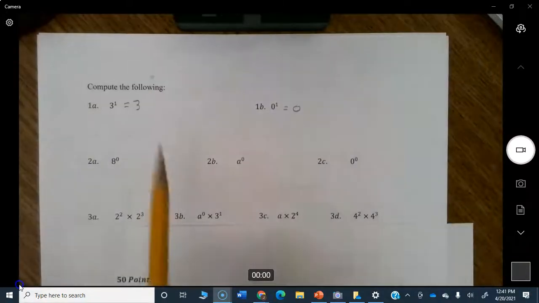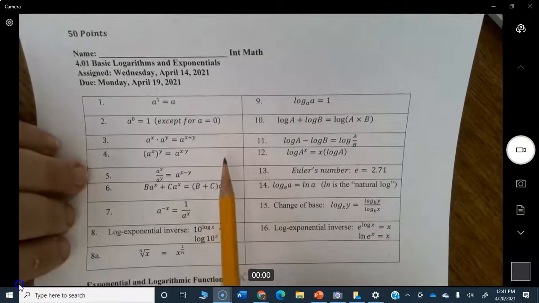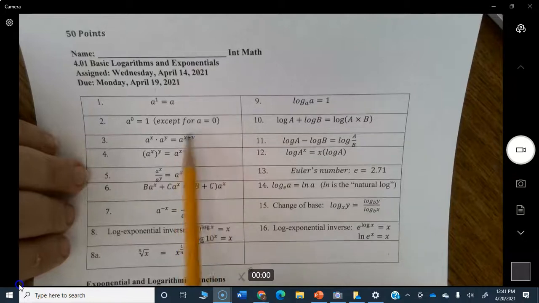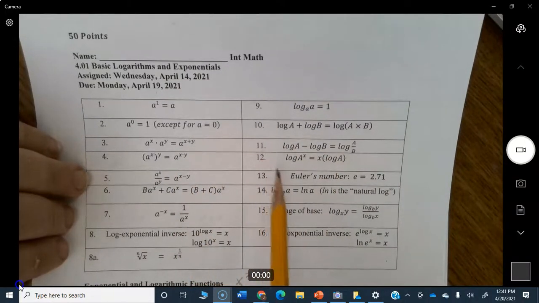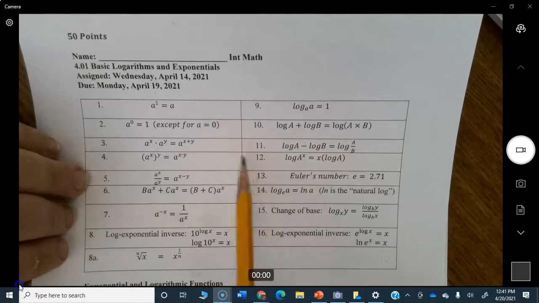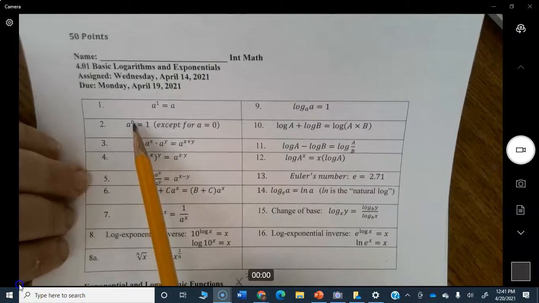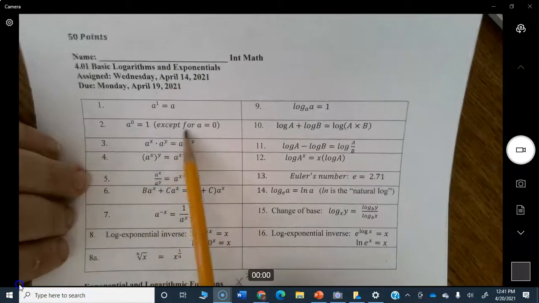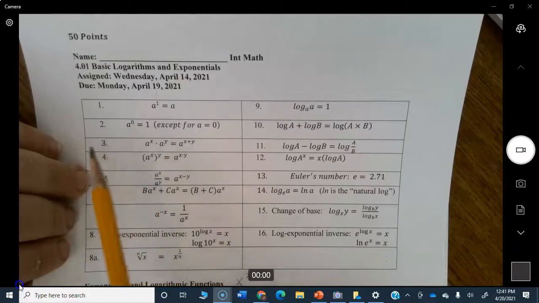Okay, what about 2a? 8 to the 0 power. So we come over here. I actually didn't put that one on this table here, but anything raised to the 0 power is 1. Whoops, there it is. I'm sorry, I did put it there. I thought I just missed it. So any number raised to the 0 power equals 1. The exception is if a is equal to 0. 0 raised to the 0 power is undefined.